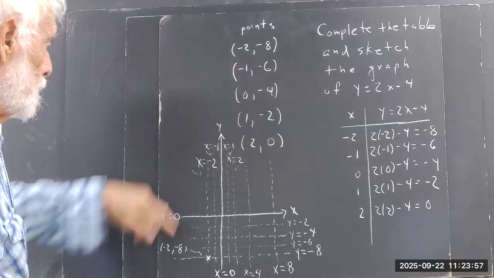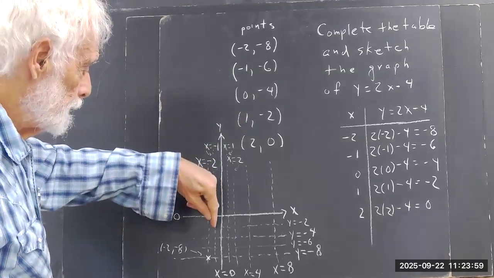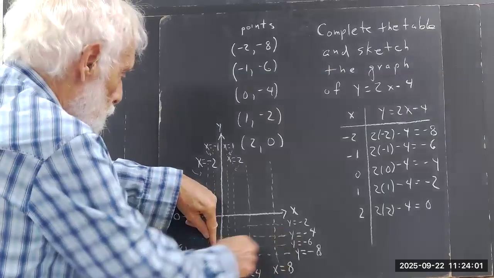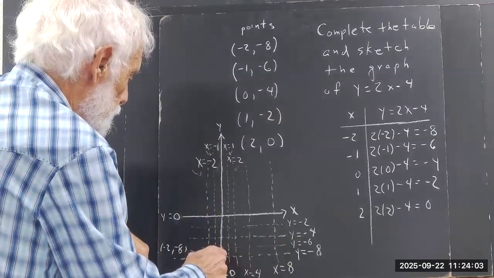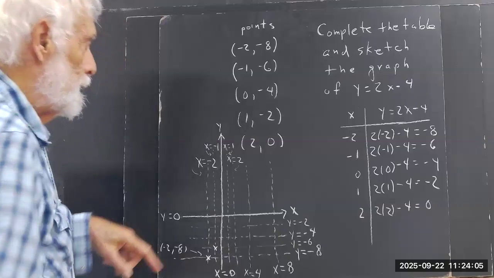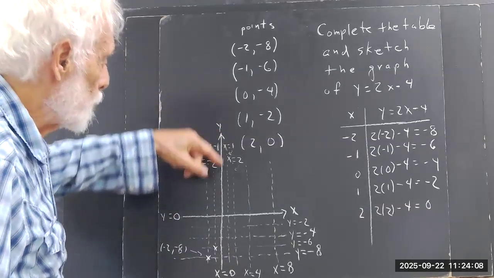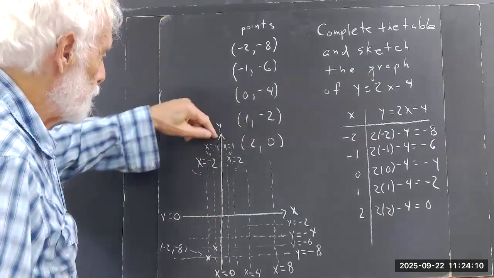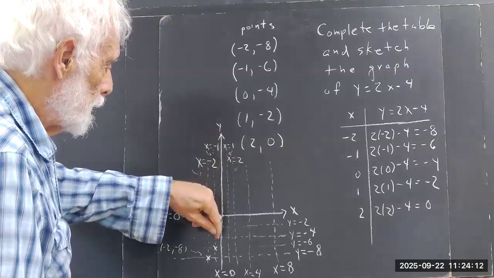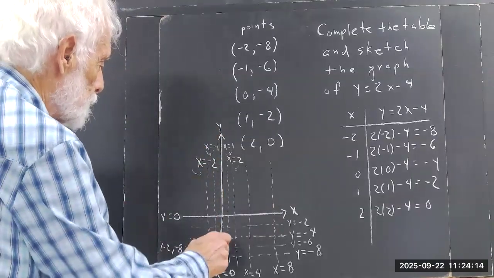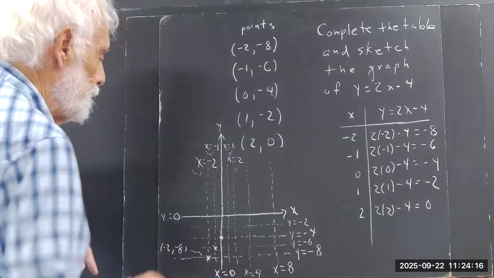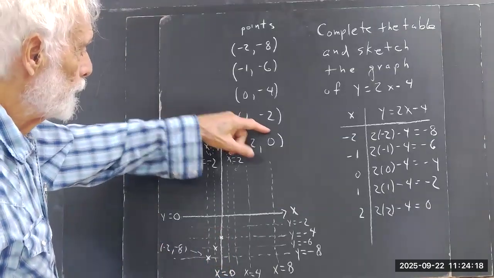-1, -6. Well, here's the x equals -1 line, and we go down here until we hit the y equals -6 line, and there it is. Then when x equals 0, that's the y-axis, we have y equals -4. So we go along the y-axis till we hit the line y equals -4, and there it is. And then we have 1, -2.